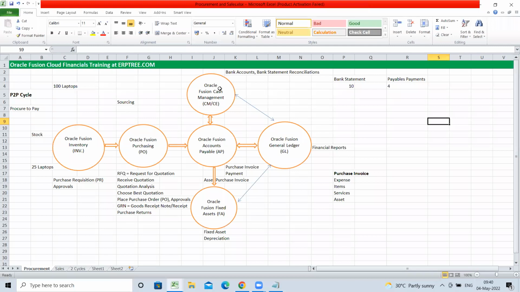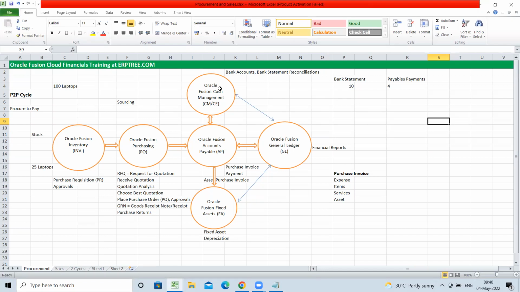See, now we discussed the P2P cycle. Your client may use some third-party applications in place of the accounts payable application, or for inventory and purchasing they can have some third-party applications, and the rest of the applications they can have from Oracle. You can replace any one of these applications with other applications. That is possible. The only challenge is you have to create the integrations. That's all. Okay. Yeah, thanks.